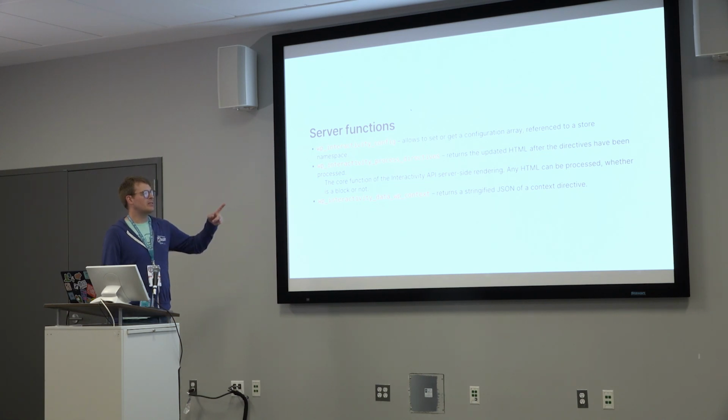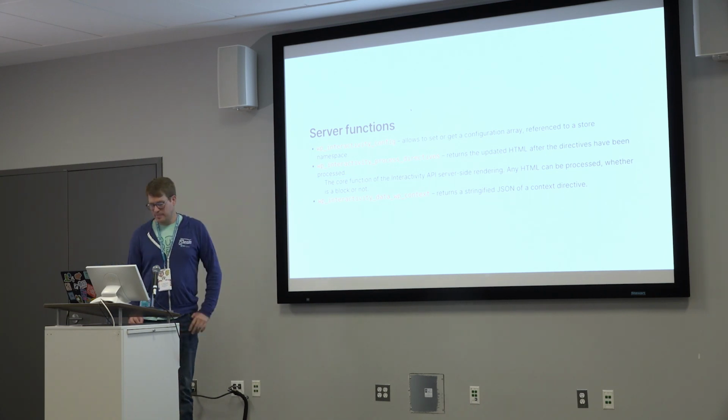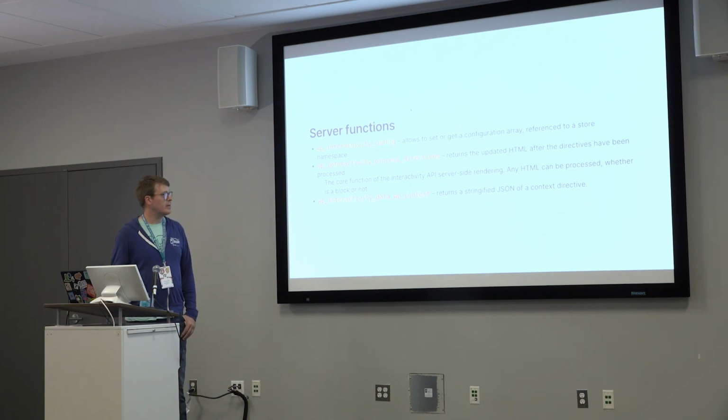So if you didn't want to use a render.php and you already had an existing block, you could pass your markup through process directives and associate your state that way.